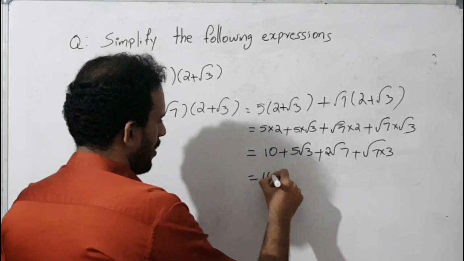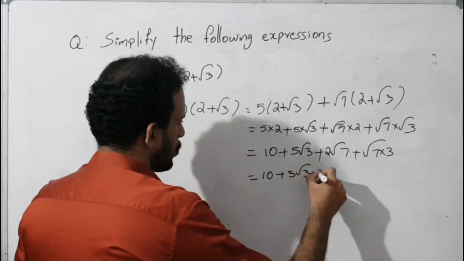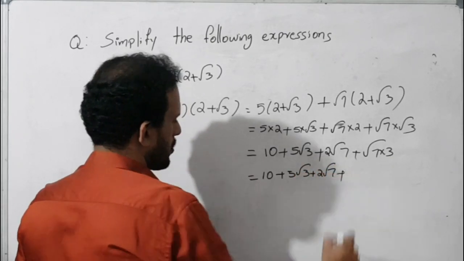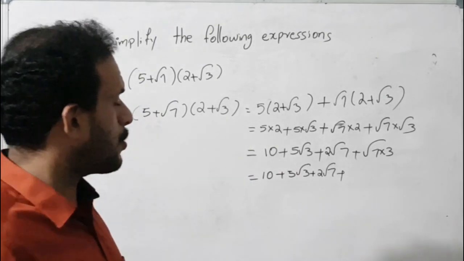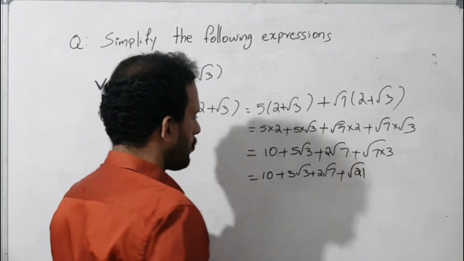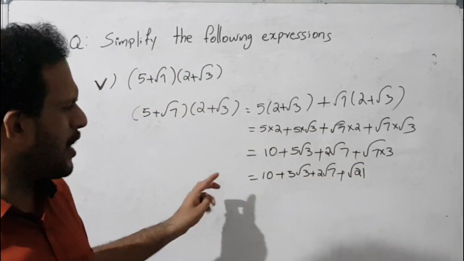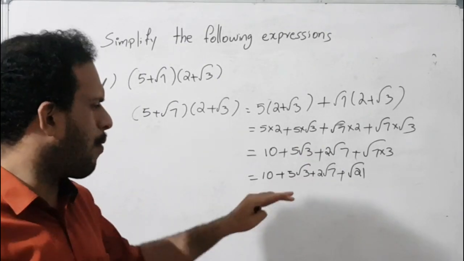Then we have 10 plus 5 root 3 plus 2 root 7 plus, what is root of 7 into 3? The root of 7 into 3 is root 21. Then check once again. Is anything possible to add? It is not possible to simplify more than this.